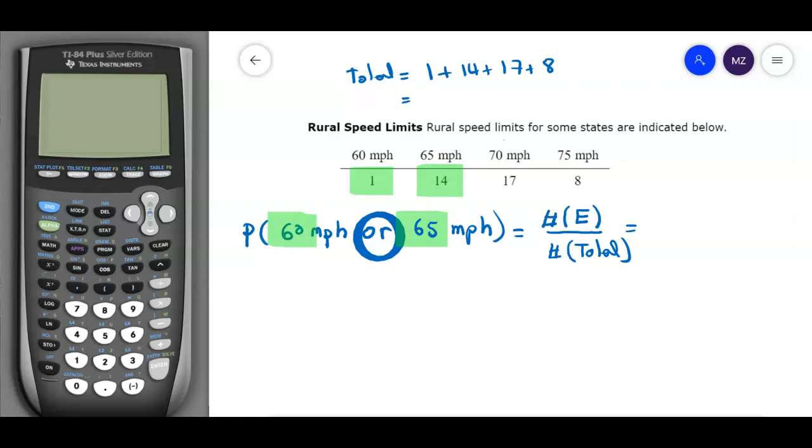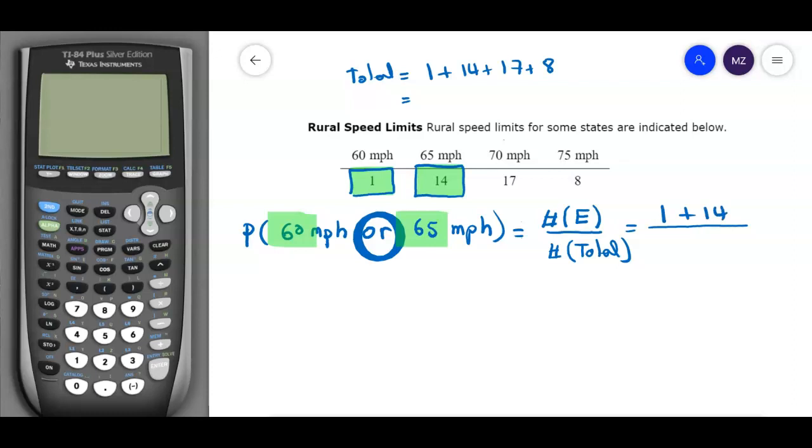Now, what is the event? The event is one state or another state. Every time you have an OR and the states are not overlapping, obviously the one state here is not the same as the 14 other states, so we simply add them together. The event is 1 plus 14.